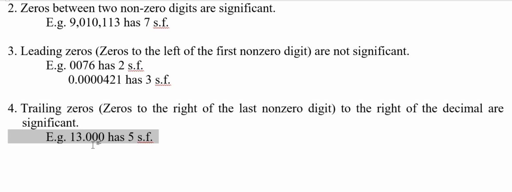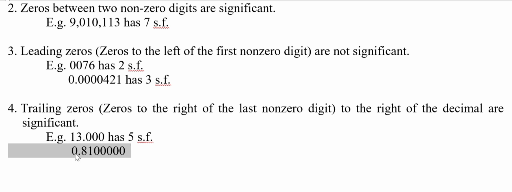You realize that these three zeros are written to the right of the last non-zero digit, which is 3. And since the number has a decimal point, we shall count these zeros as significant. So the number has 5 significant figures: 1, 2, 3, 4, 5.